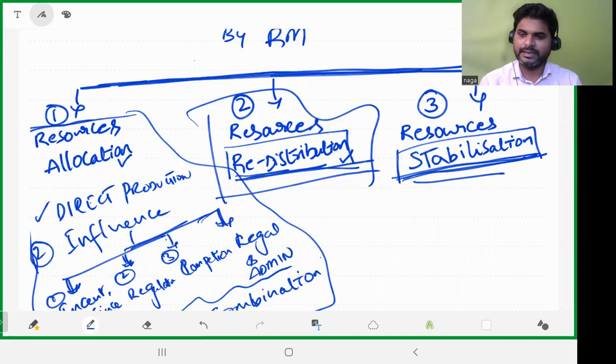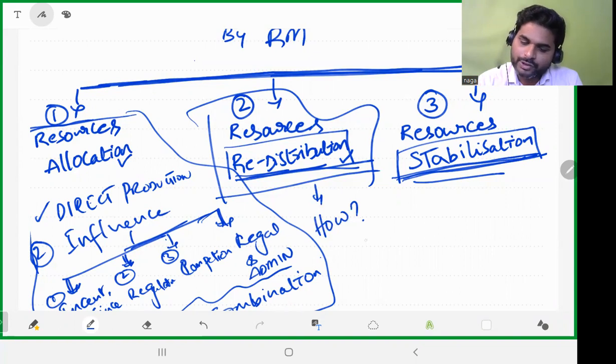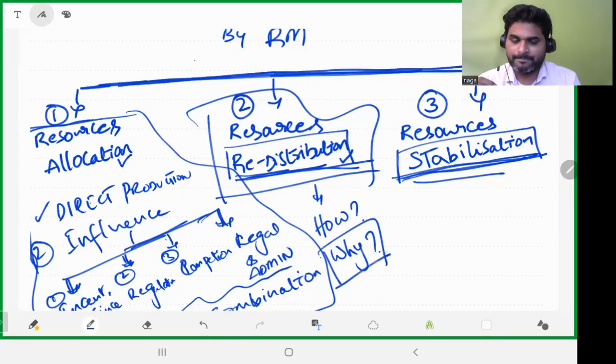We are discussing in Unit 2 fiscal functions, government functions related to government expenditure and revenues, right? We will understand first why the government needs to do the redistribution.